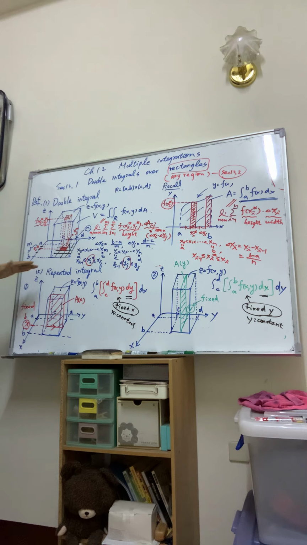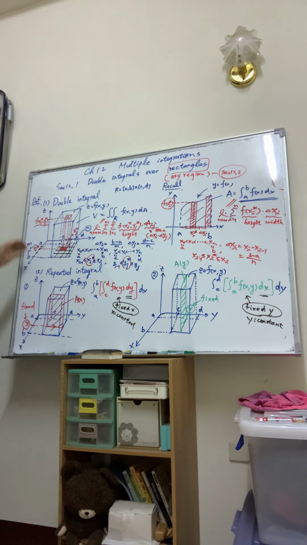So its meaning is that we consider the volume of the solid. Which solid? The solid below the surface z equals f of x, y, and above the xy plane, with x between a and b and y between c and d.